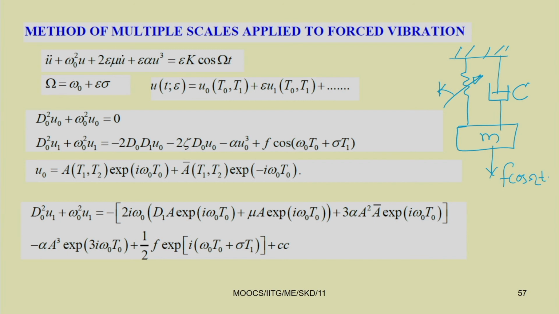This type of system equation can be written; already you know different methods to find the equation of motion. Assuming we have a cubic nonlinear spring, the equation can be written as u double dot plus omega 0 square u plus 2 epsilon mu u dot plus epsilon alpha u cube equal to epsilon k cos omega t.